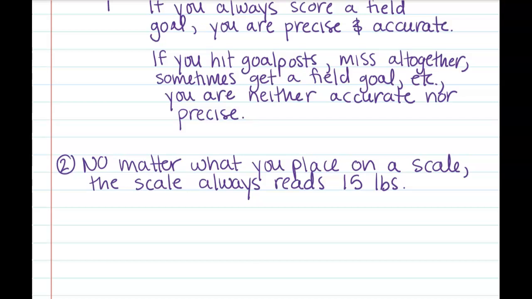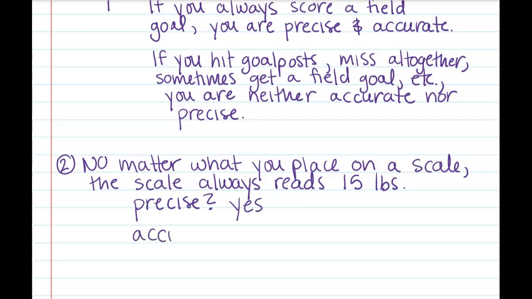So let's say you step on the scale and you're like, cool, I weigh 15 pounds. Let's say my 4-year-old steps on the scale. Cool, 15 pounds. So does my cat, 15 pounds. Is that precise? Yeah, it is. It's always saying 15.